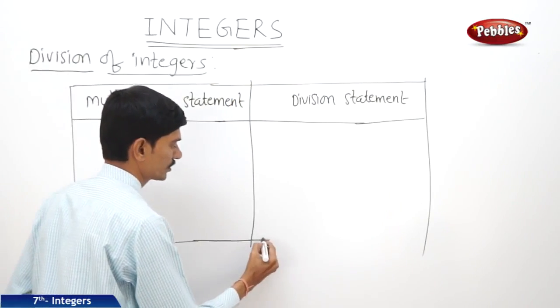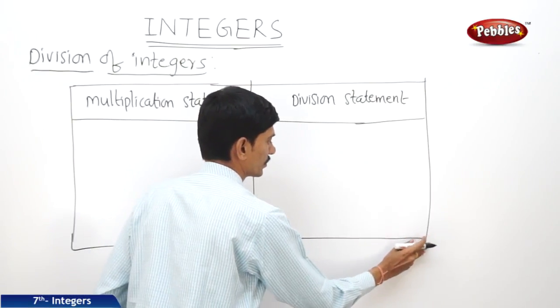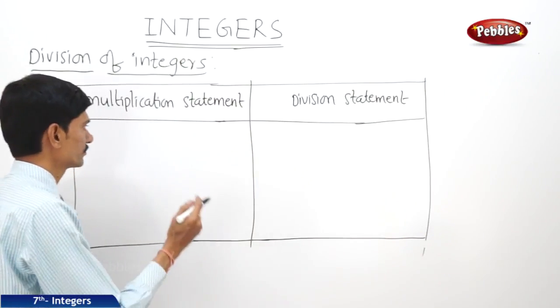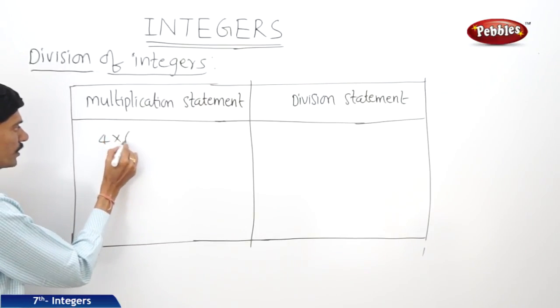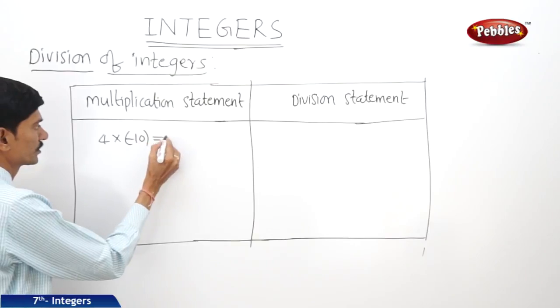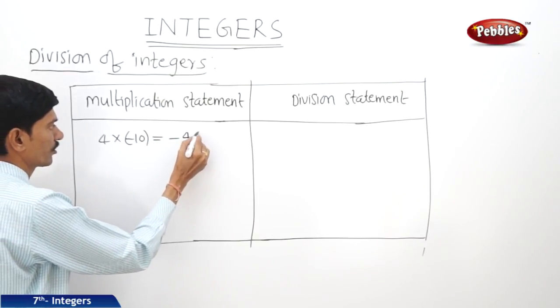For every multiplication statement, we can write two corresponding division statements. For example, when 4 is multiplied by minus 10, then we get minus 40 as the product.